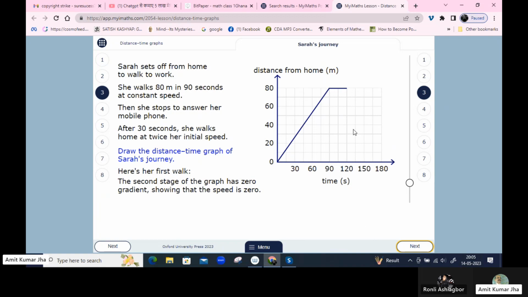Then she comes back at double speed, so the time taken will be half.